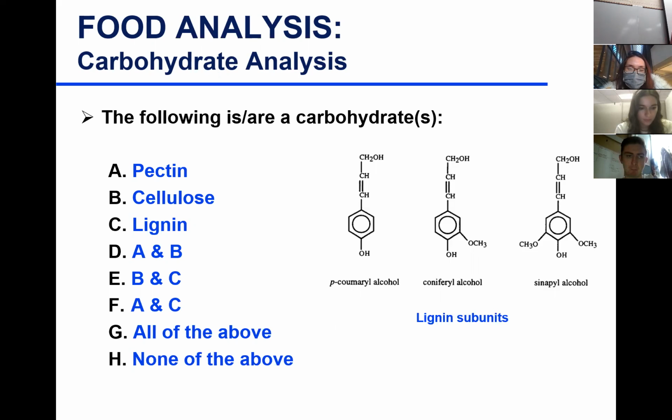They're not glucose or anything that has a carbohydrate subunit. They're alcohol subunits. That's why they're not carbohydrate, but they're not digestible by our body. So that's why they are in the category of dietary fiber, and specifically insoluble dietary fiber.